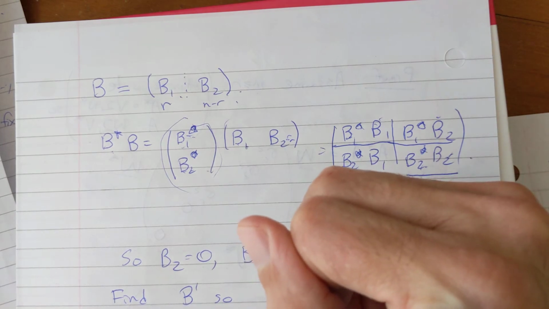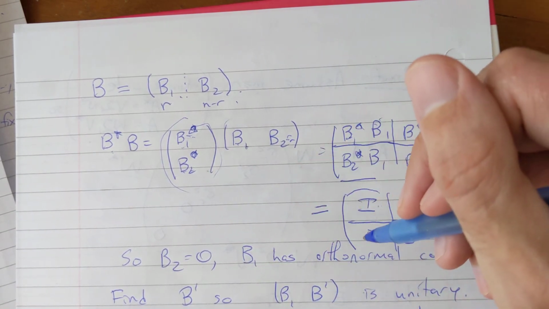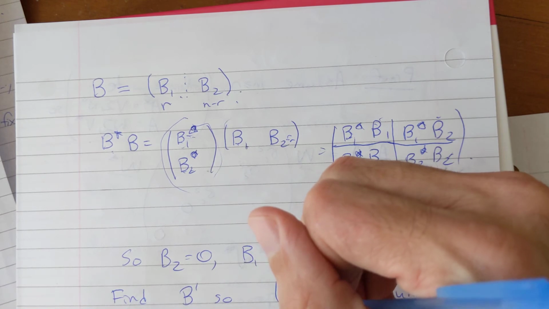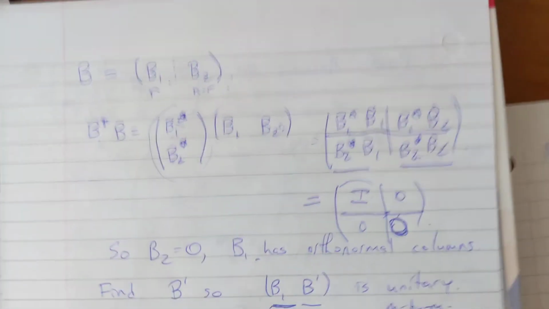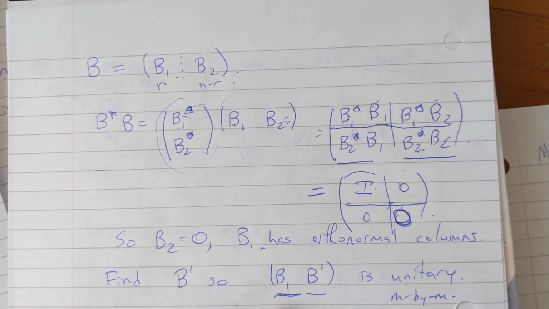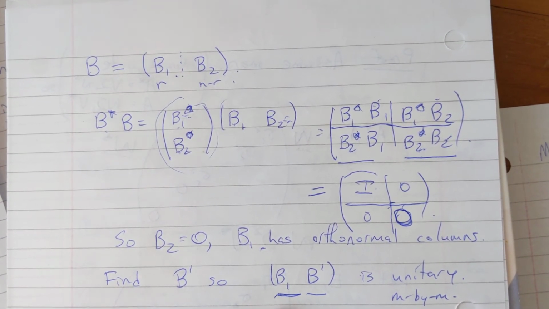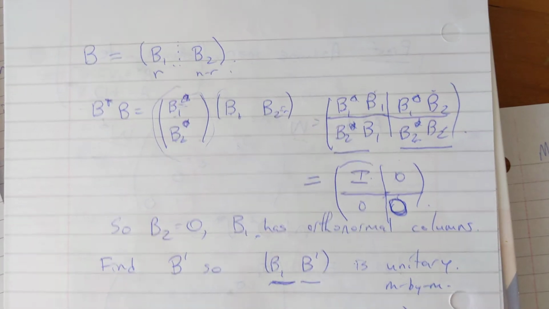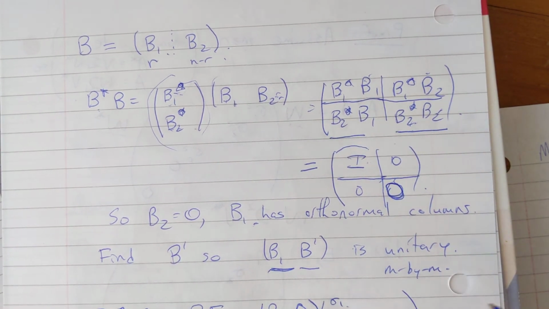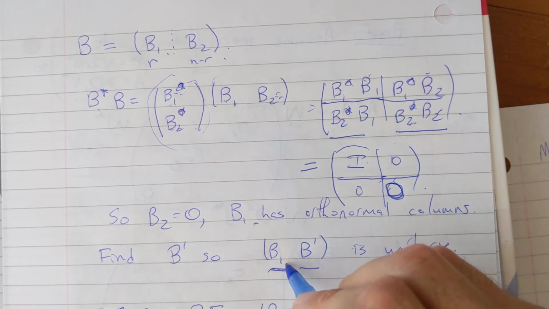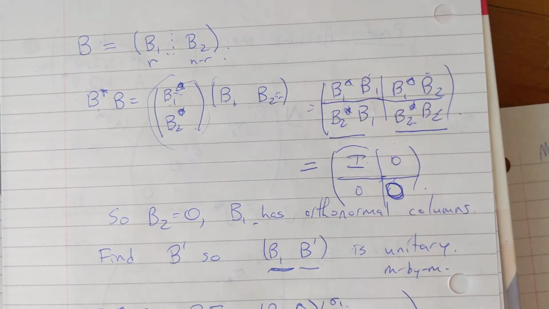Because of that, you can find a unitary matrix whose first r columns are coming from B1, and the last n minus r columns are found basically using the Gram-Schmidt process, or even something like Householder matrices. It doesn't really matter. We just find a unitary matrix where the first r columns are coming from B1.